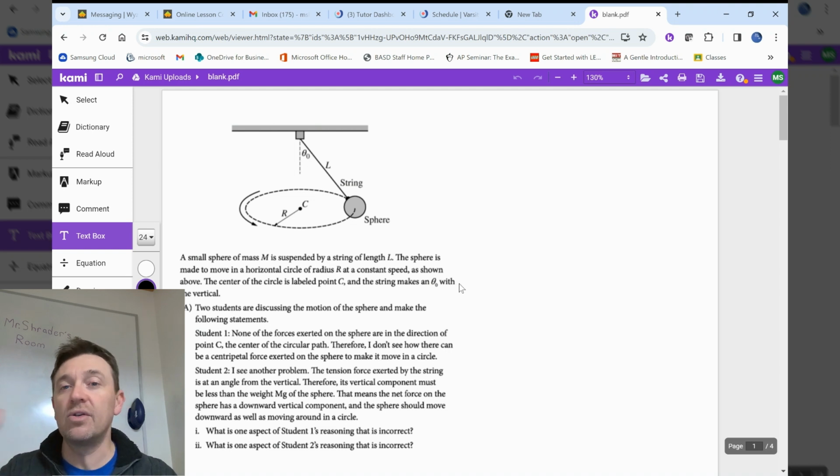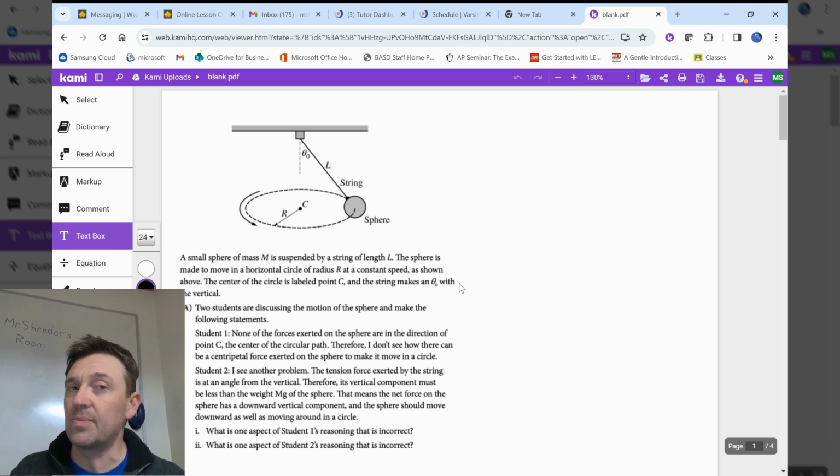So if you're changing your speed, that means you're an object that's speeding up or slowing down, then you must have a force acting on you. But also, if you're an object that's changing its direction, even if you're not changing your speed, then your velocity is changing.